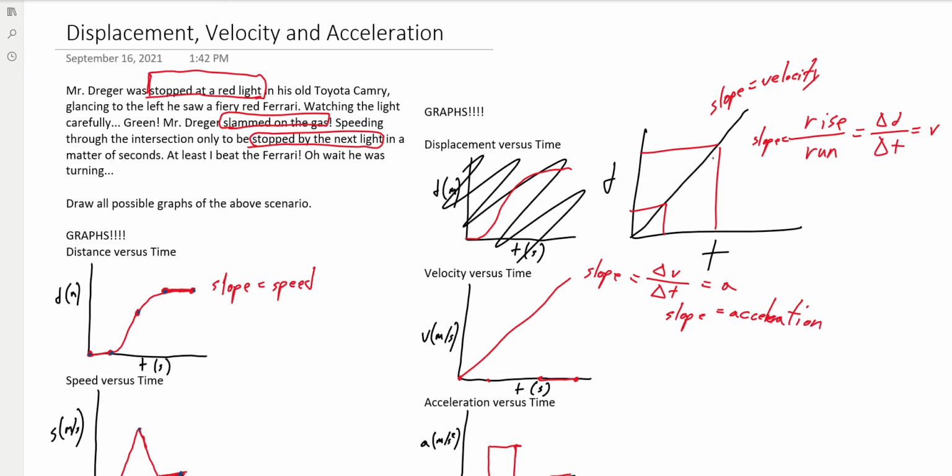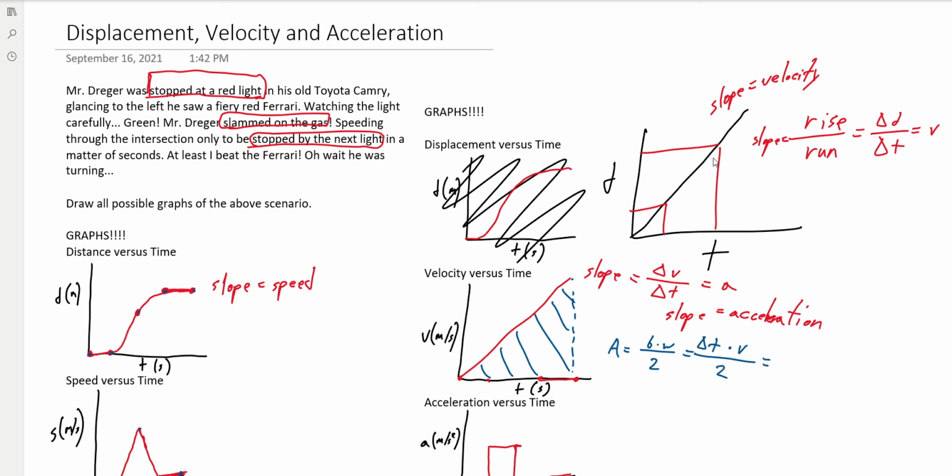Okay, what's also cool is that if you take the area under the line, whatever that area is, in this case it's a triangle, so the area equals base times height divided by 2. If you take the area under the line, then you get the base, which is the change in time, times the velocity divided by 2.